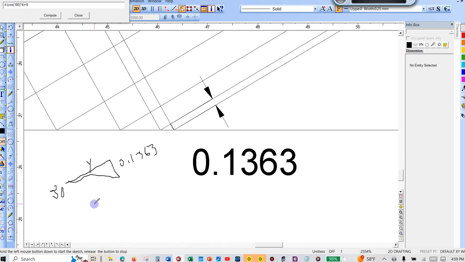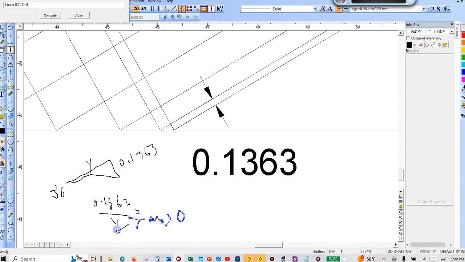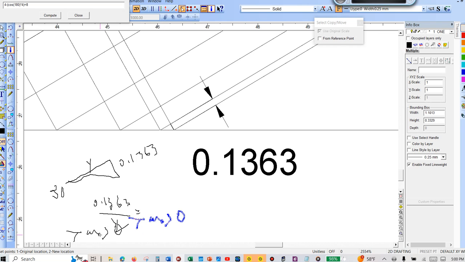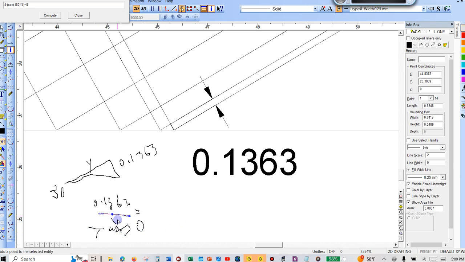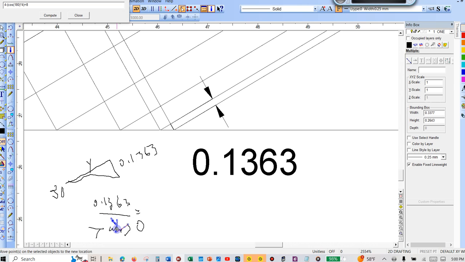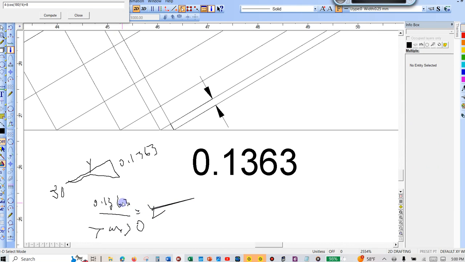So 0.136 over y equals tangent 30. So we're going to take tangent of 30. This will be the algebra, and then that. So 0.1363 divided by tangent of 30.